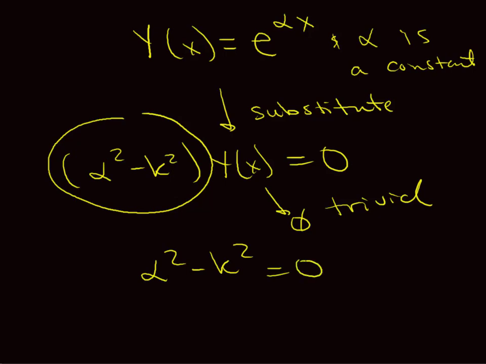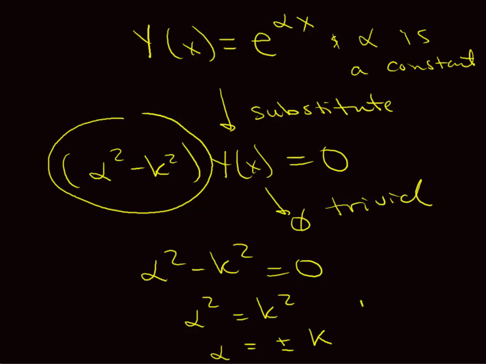And what we want to do is solve for this equation. And so you'll notice if we rearrange it, we'll get alpha squared equals k squared. And if we then solve for alpha, you'll notice that our values for alpha will be equal to plus or minus k.